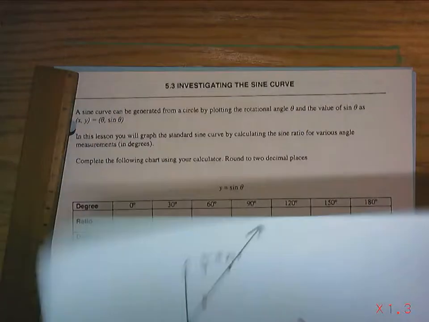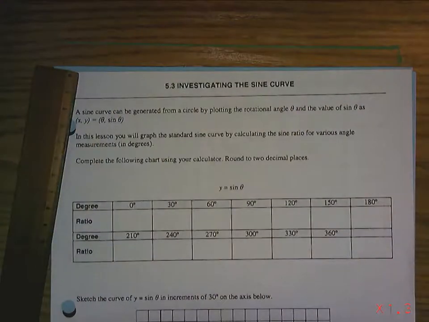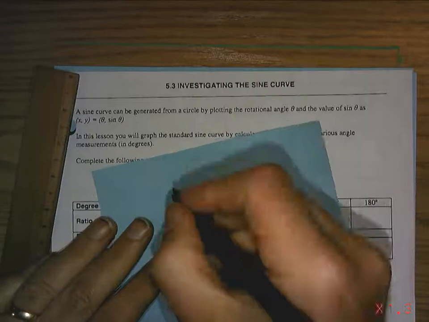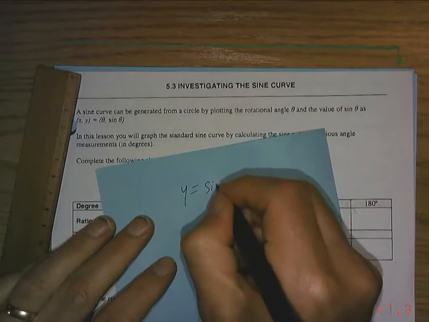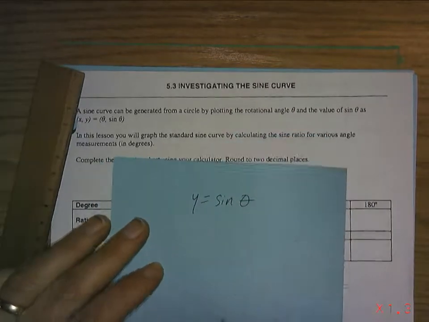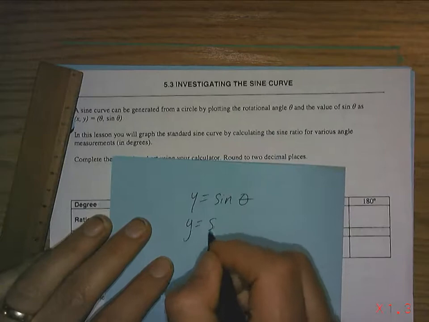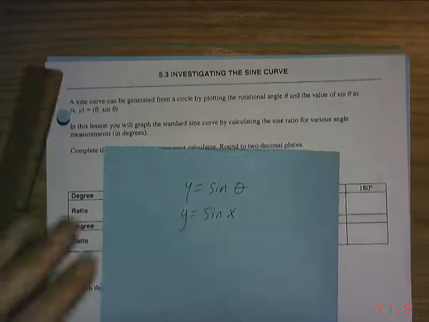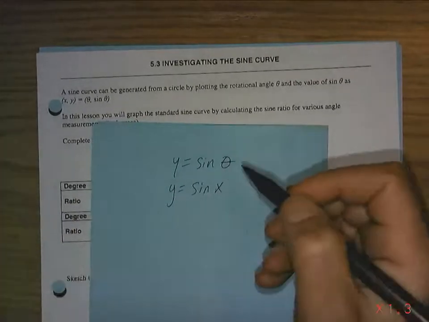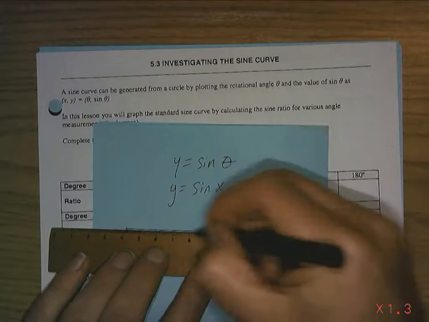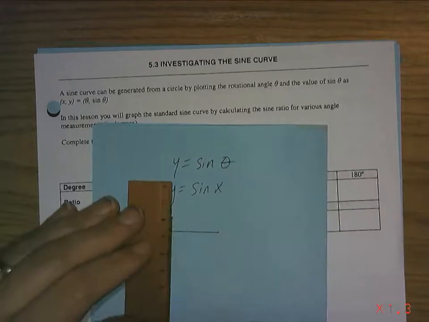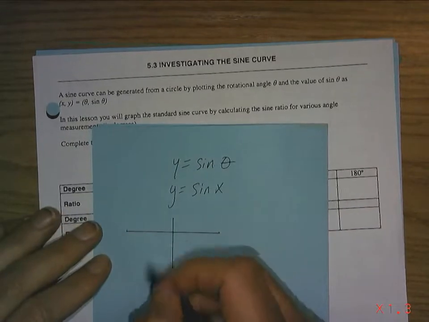So what we're going to talk about today is graphing the curve of y equals sine theta. Now don't get confused, it could also be y equals sine x. It doesn't matter which variable we use here. In either case, you're going to set up a table of values, and we're going to put in values for theta.